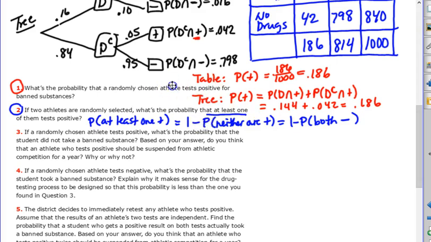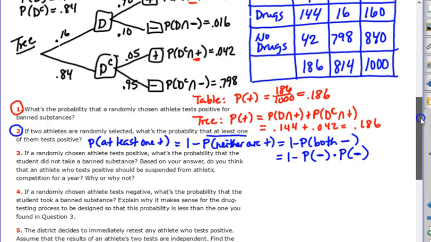Assuming that each individual result for each person is independent of the other, we have two independent events. So we find out what's the probability that they test negative for the drug, and we multiply those times each other. So both negative would be the probability of a negative times the probability of a negative.